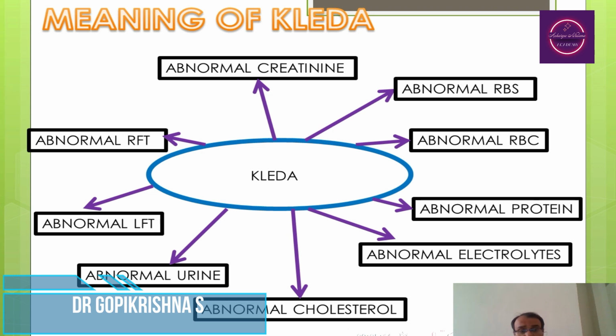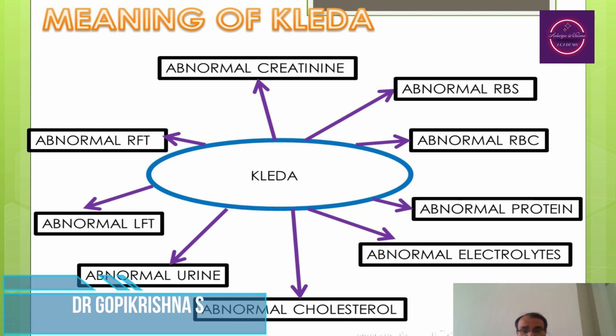And the abnormal LFT, that means reduced or increased serum bilirubin, then the other components such as SGOT, SGPT, etc. Abnormal renal function, that is increased or decreased serum creatinine, or the ammonia, etc., that is coming under the abnormal Kleda.